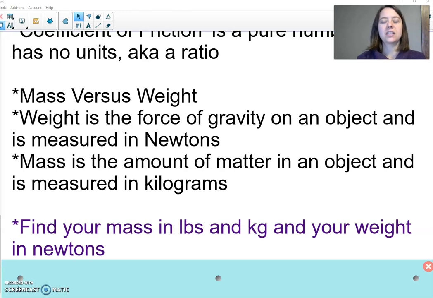To convert that into kilograms, I'm going to divide it by 2.2, and I get roughly 59 kilograms. So I have a mass of 59 kilograms. Now to find my actual weight, I am going to multiply it by 9.8, and my actual weight is 579 newtons. So there is your mass in pounds, kilograms, and your actual weight.